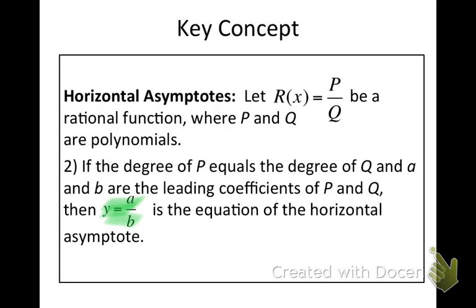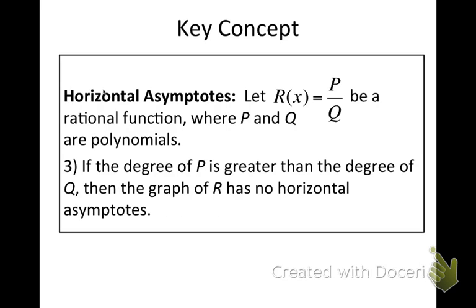Number 3 is if the degree is larger on top. If the degree of P is greater than the degree of Q, then there are no horizontal asymptotes. There's none. So you've got three options: 0, none, or the ratio of the leading coefficients if the degrees are the same.